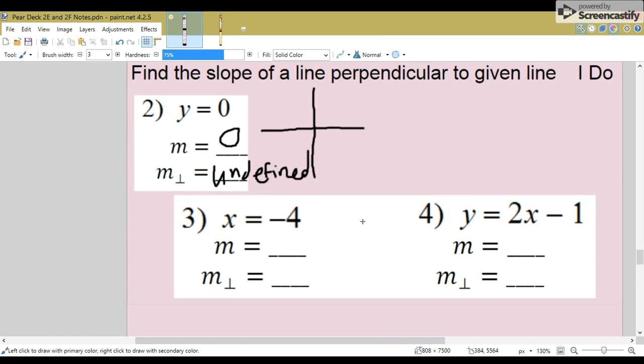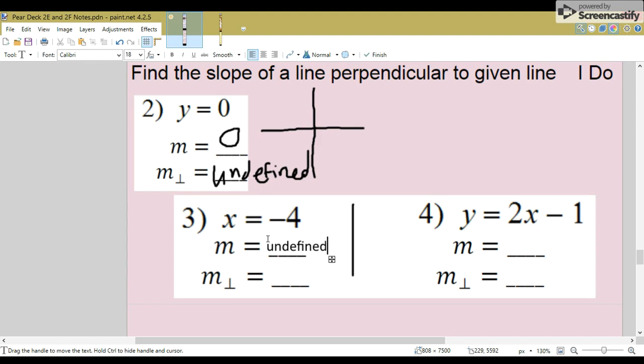Well, x is a vertical line that's undefined. Your slope is undefined. It's also not a function because it fails the vertical line test. So the slope perpendicular to this would be 0. It would be a horizontal line.